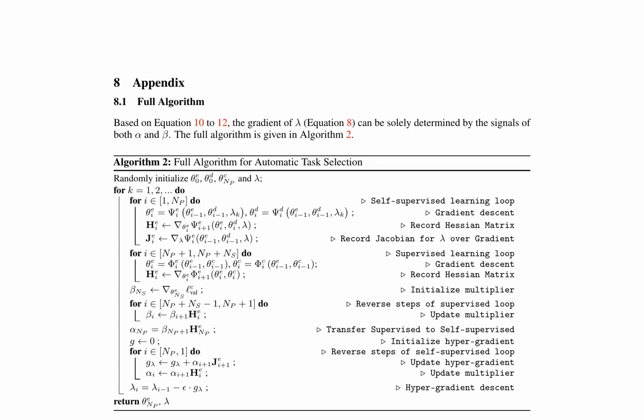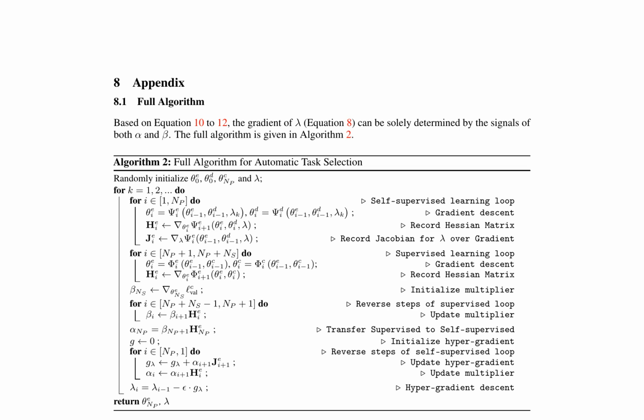The supervised loop updates theta e and theta c using gradient descent with respect to LC train, also caching the Hessian matrix. The algorithm initializes beta ns and updates it in reverse steps of the supervised loop, transferring alpha and p from the supervised loop to the self-supervised loop. It initializes the hypergradient g and updates g lambda and alpha I in reverse steps of the self-supervised loop.